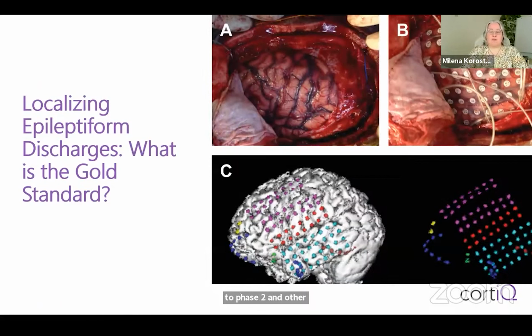So first, of course, the main focus is on localizing epileptiform discharges. What is the gold standard? And the gold standard is that invasive approach that I talked about when we started talking about research.